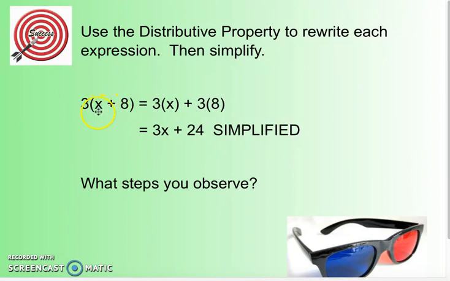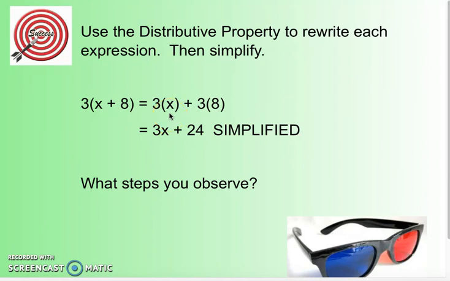It was introduced to the x, and then it was introduced to the 8. And so that's what is shown, 3 times x and 3 times 8. But what I notice is that the 3x really didn't change. And that's what's different. It's because we don't know what the value of x is.